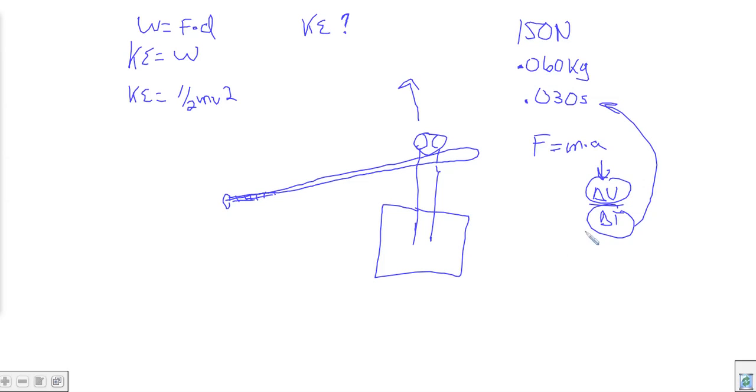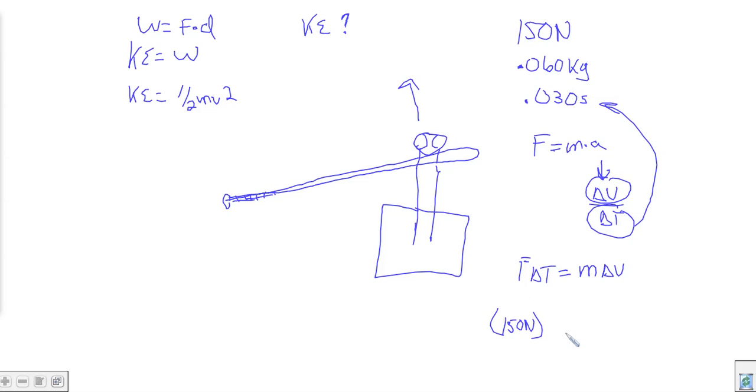So let's go ahead and rearrange this a little bit. Let's say force times change in time, which is actually the impulse, is going to equal my mass times my change in velocity. All right, so initially the ball is 0. So we're just looking for a final velocity here anyways. We only have one time, so let's go ahead and start plugging this stuff in.